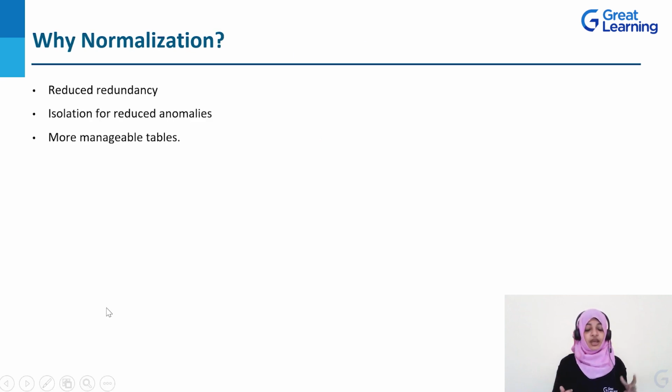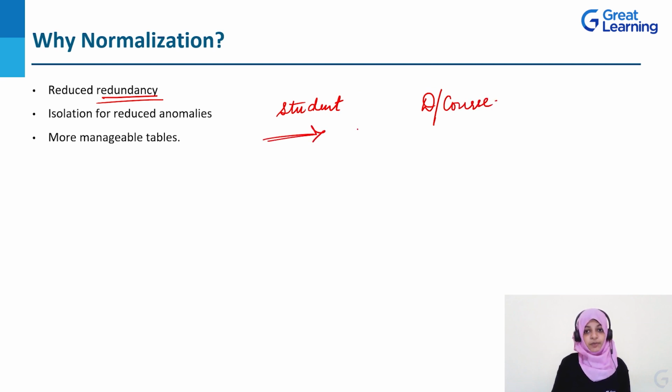Let us look at some of the other needs for normalization. First of all, normalization reduces repetition. Repetition is also known as redundancy. Let us understand this with an example. Say we have a student table and a department or a course table. A student will obviously be a part of a department or a course. So where does the student data come in?